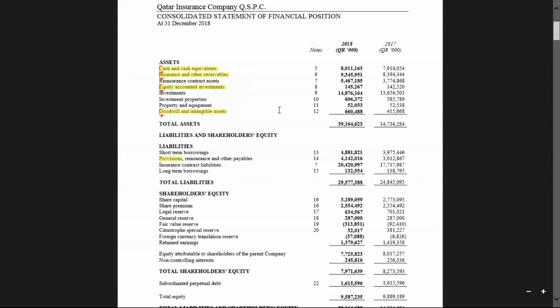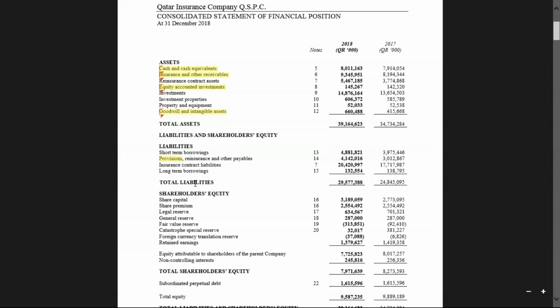Right now, on the liabilities and the shareholders' side, you don't keep impairment or provisions for liabilities. You just keep them on assets, and hence the liabilities are not going to come under IFRS 9. On the other hand, we have shareholders' equity.